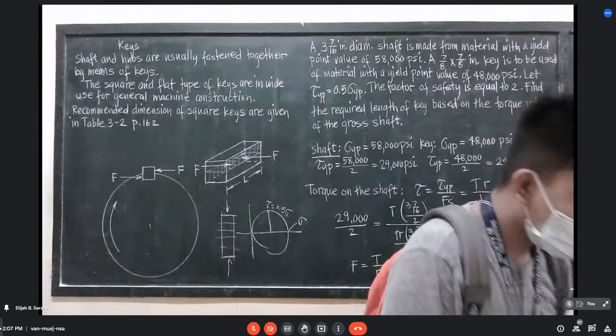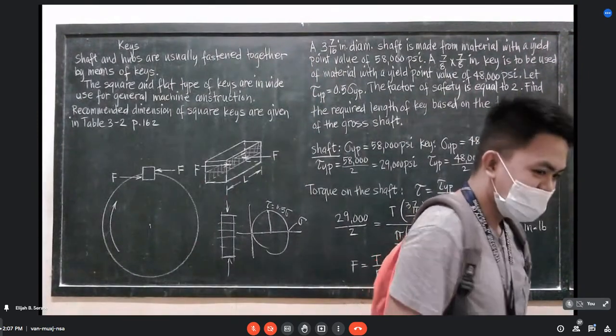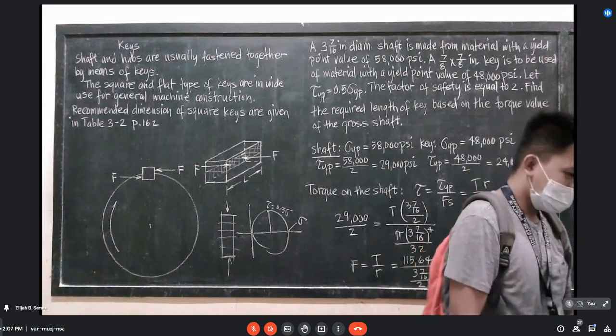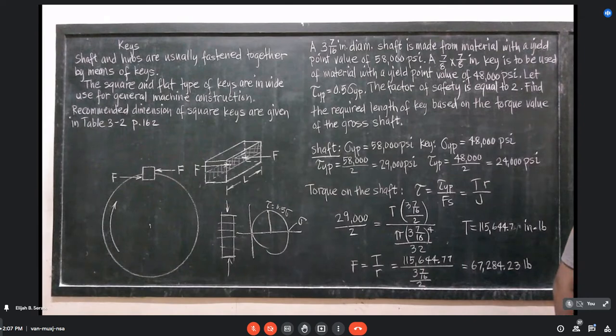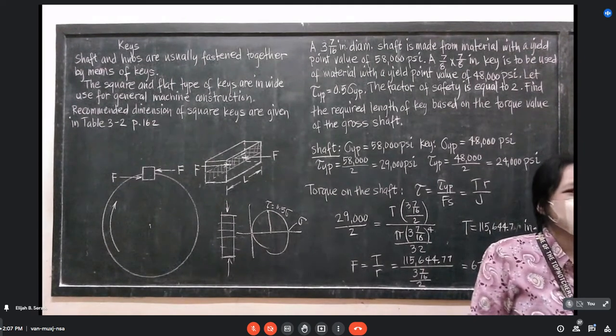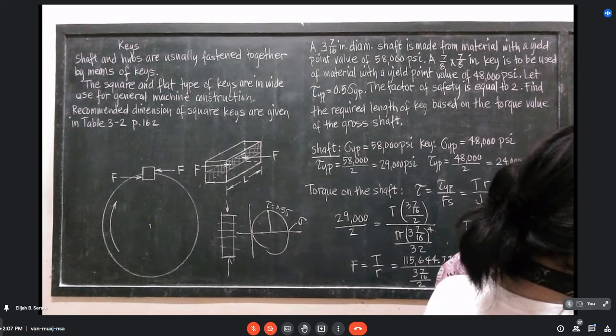If I say maximum transverse shear stress, but if I say transverse shear stress at 3 inches from the end, then you have to find the transverse shear stress there.